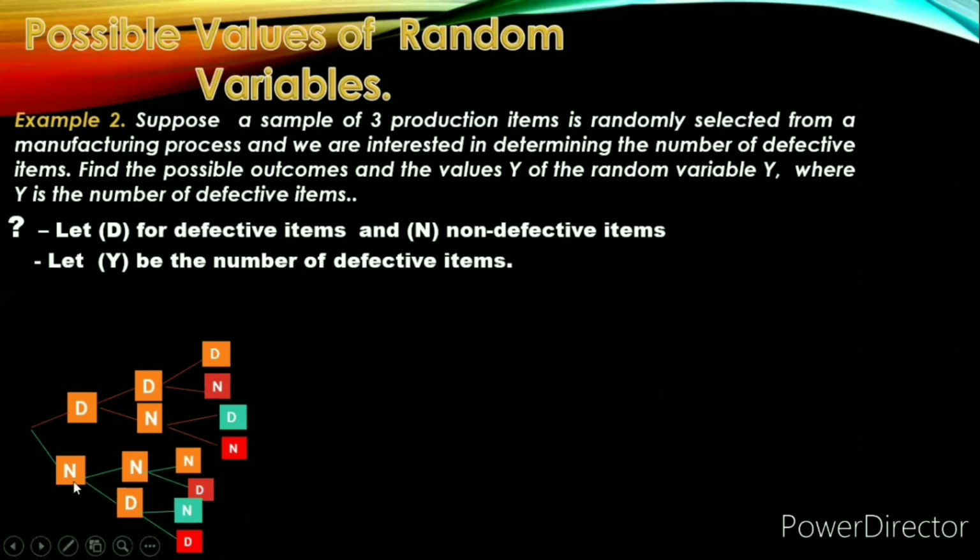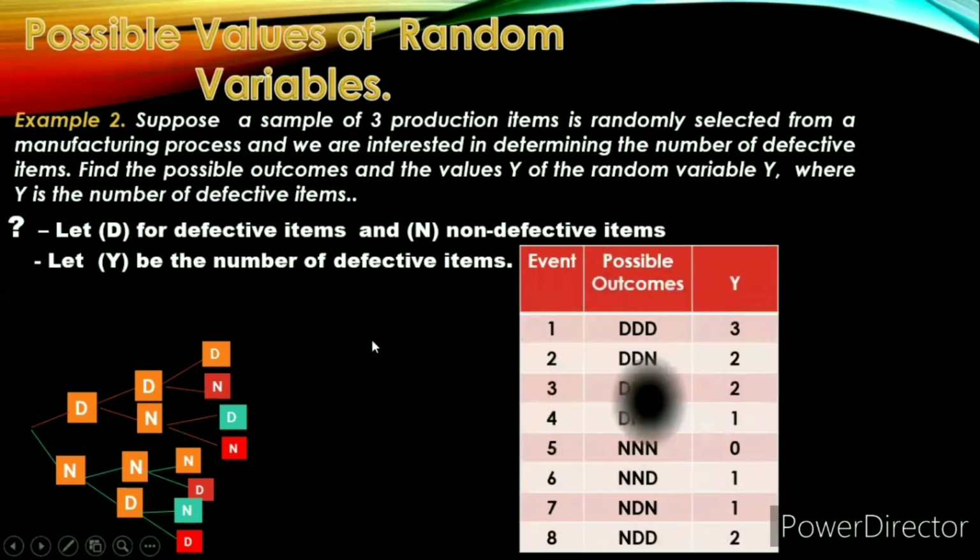And also for the non-defective, we have N, then D and N, and then for the third selection. So we have first selection, second, and third.